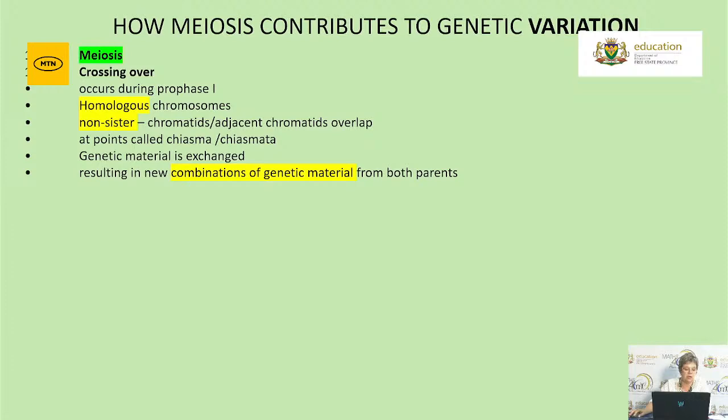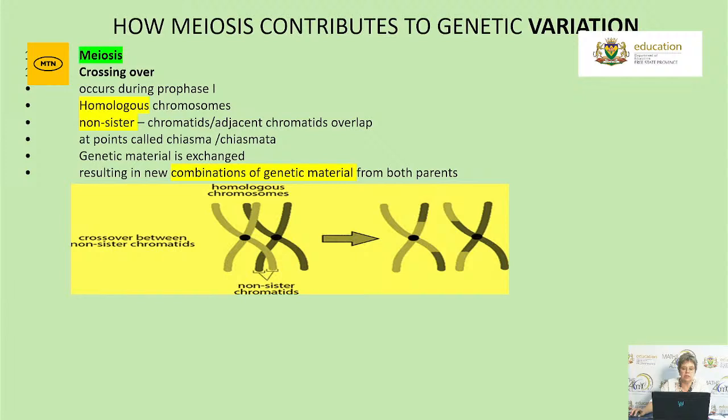So it's homologous chromosomes, and when they are lying together, it is usually the non-sister chromatids that overlap. Not any chromatid overlaps during crossing over. It is the non-sister chromatids of a homologous chromosome pair, or the adjacent chromatids, that overlap.